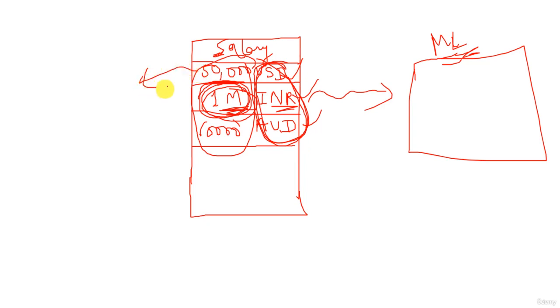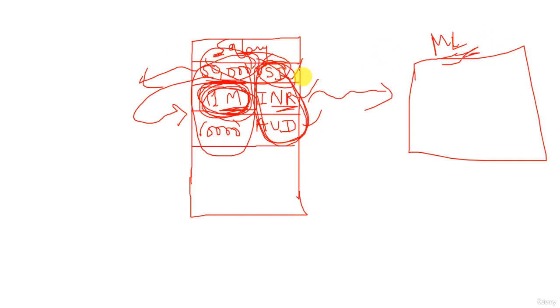So if you convert 50,000 USD into Indian rupees, it might be greater than 1 million. So maybe this 50,000 USD is greater than 1 million Indian rupees. So you can see non-uniform data can make a huge difference in a machine learning model.